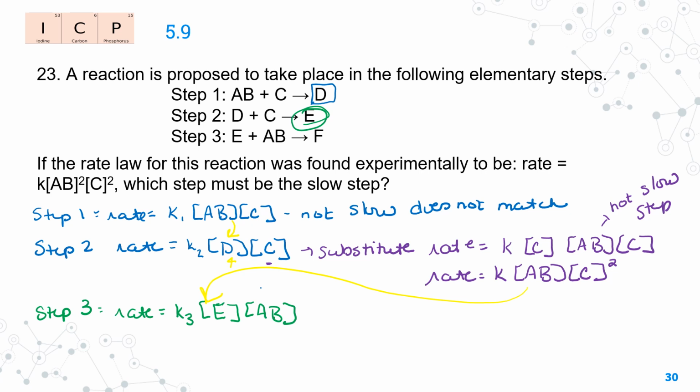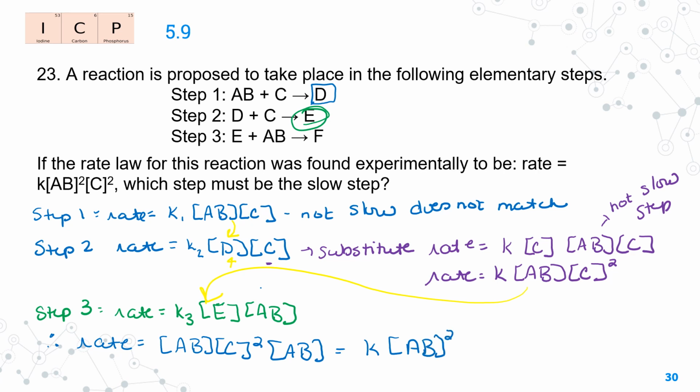So rate is equal to K, concentration of AB squared, concentration of C to the second power.